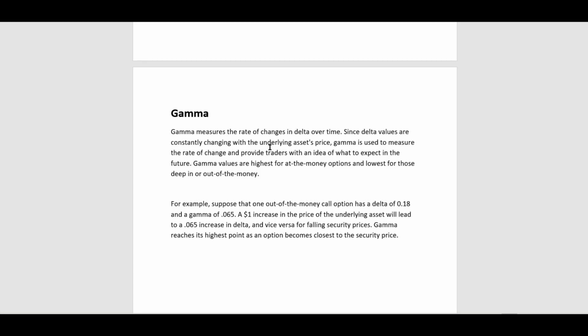So say you have ABC and your premium is sitting at $50. When the share price moves up $1, that premium price is going to go from 50 to 68, roughly.